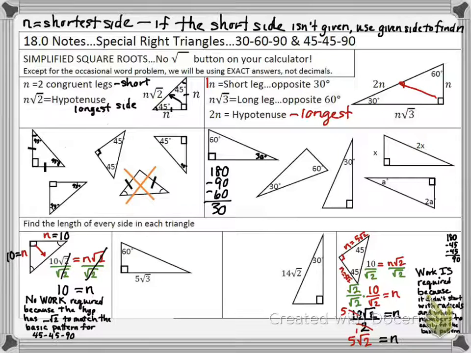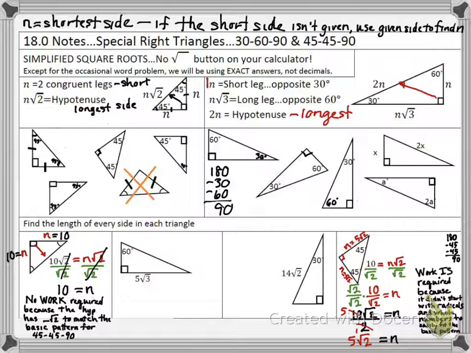If I took away 30 and 60, I'd have 90 degrees. Over here, if I took away the 30 and the 90, I'd have 60 degrees.